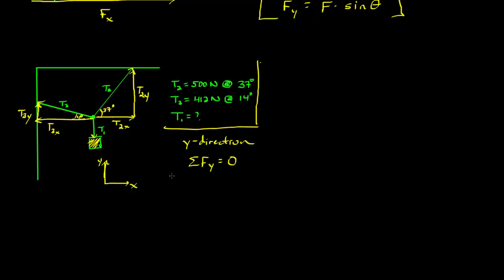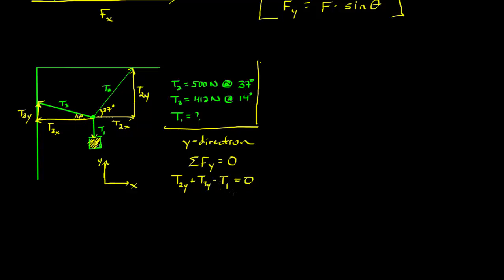So tension 2 in the y direction, and that's positive because it's up, plus tension 3 in the y direction, minus tension 1 is equal to 0. Why is that negative? Well, because it's down, so that's a negative.